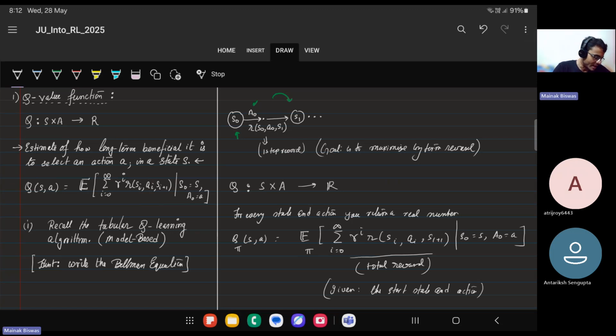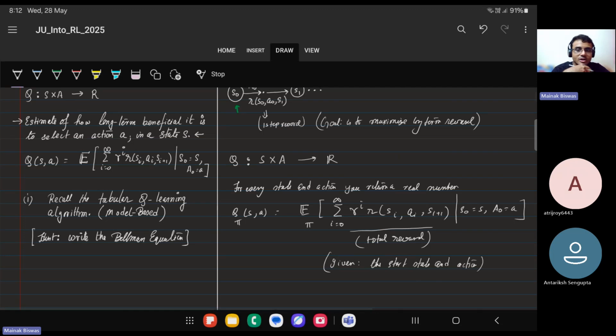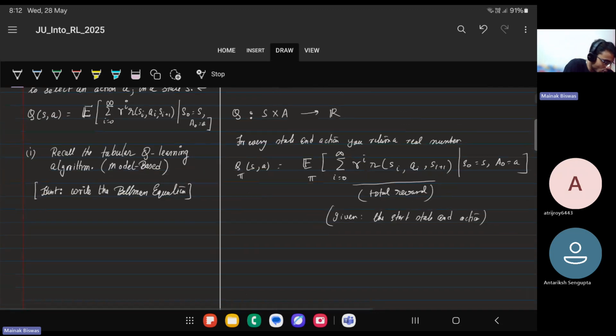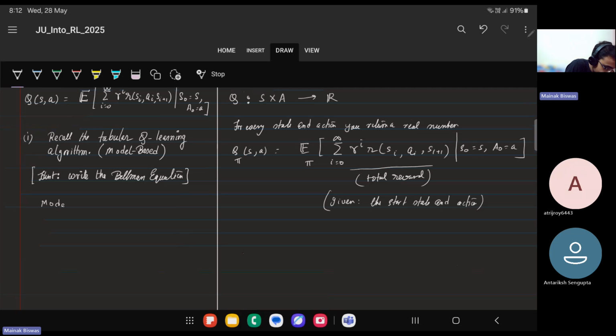And therefore, let us try and write down a tabular Q-learning algorithm for a model-based setting. First of all, what is model-based RL? It is where we know the transition probabilities.